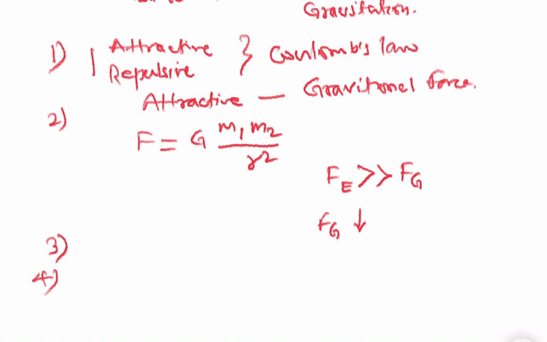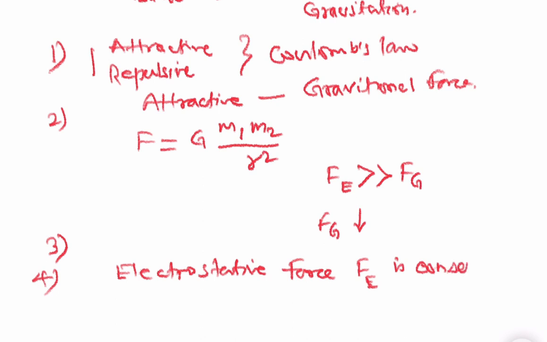The force is conservative. Work done in moving a point charge once around a closed path under the action of Coulomb's force is zero, that is, electrostatic force Fe is conservative in nature, while gravitational force is not conservative.